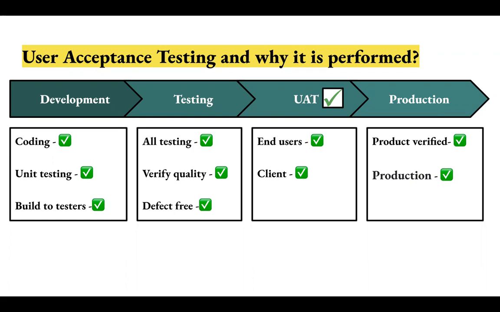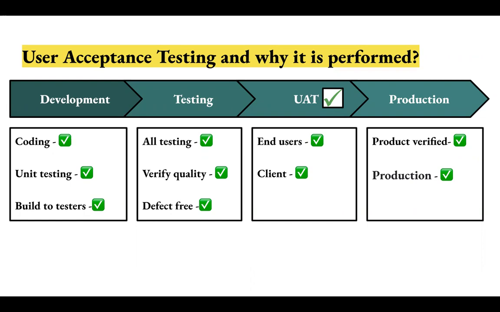At the third stage, once all QA testing is completed, user acceptance testing is performed by end users and the actual client to validate that the product is developed as per requirements and is working as expected. UAT, that is user acceptance testing, is the final stage of software testing before moving the product to the live production environment.